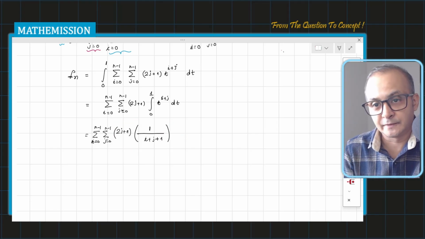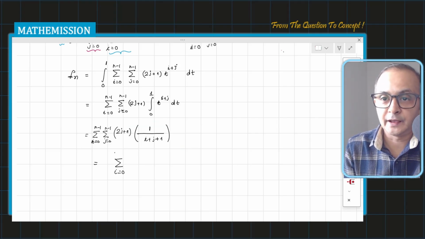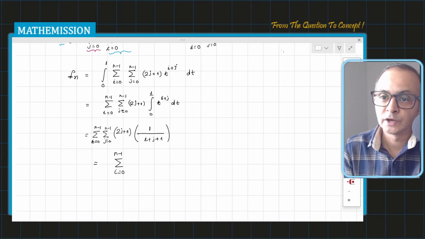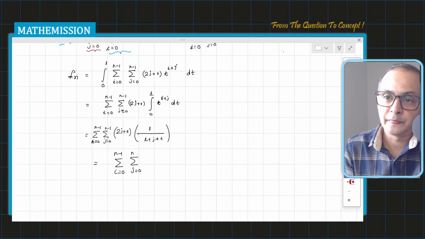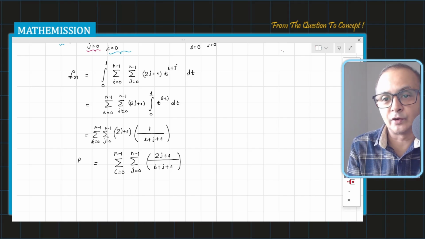But there's a trick. Let's understand what the trick is. You notice I can write i goes from 0 to n minus 1 and summation j goes from 0 to n minus 1, and this is 2j plus 1 divided by i plus j plus 1, and this is our Fn.